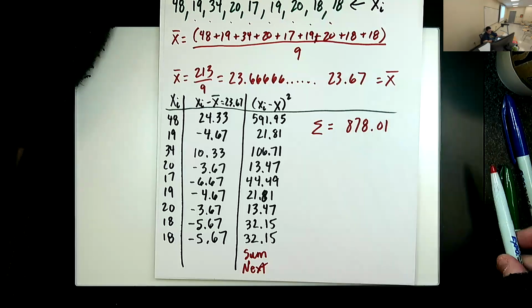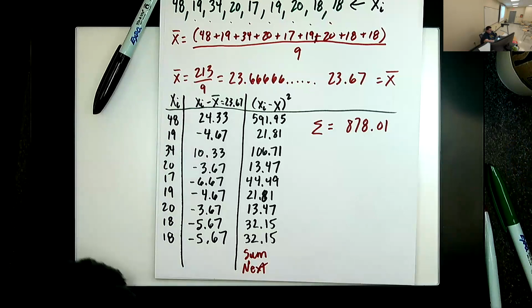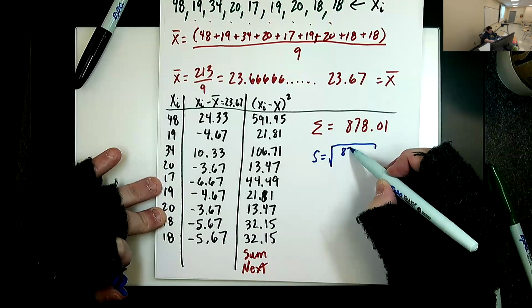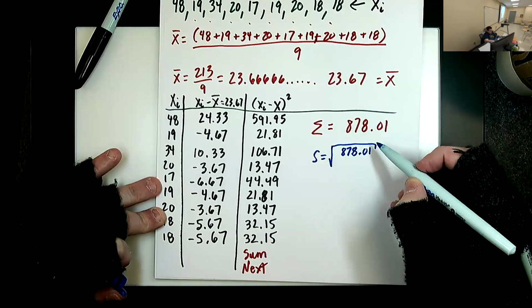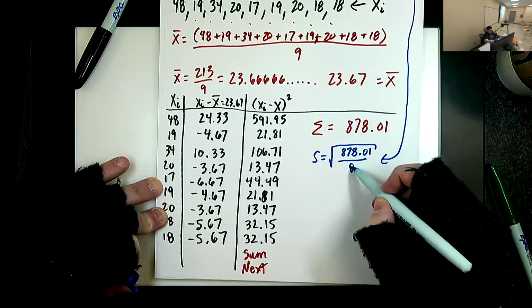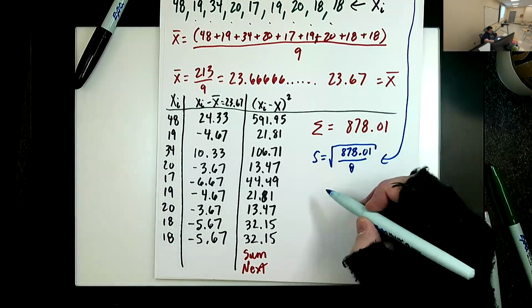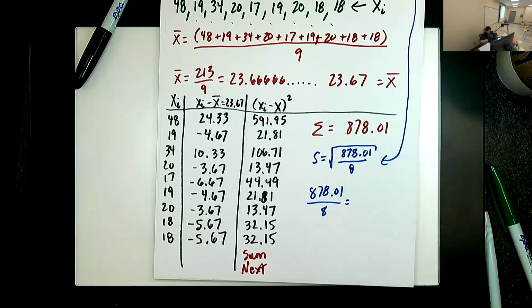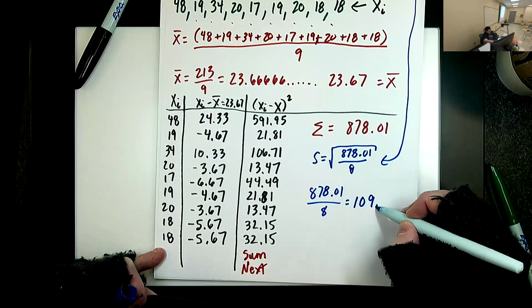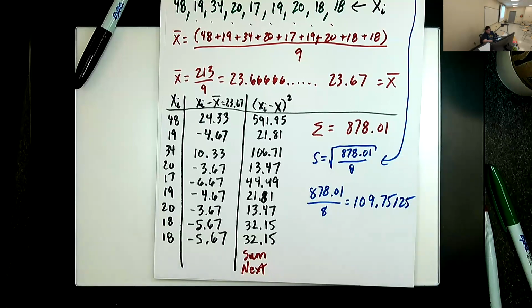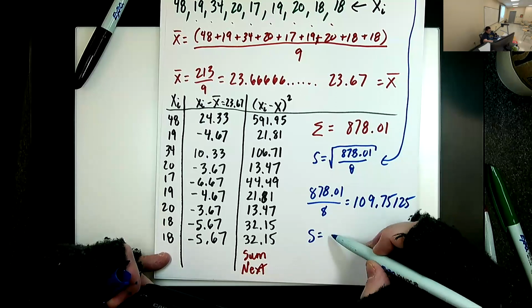So now this is what we're looking at. S equals the square root of 878.01 divided by n minus 1, which is 8. So first we'll do 878.01 divided by 8. And this gives me 109.75. Now S is going to be the square root of that.